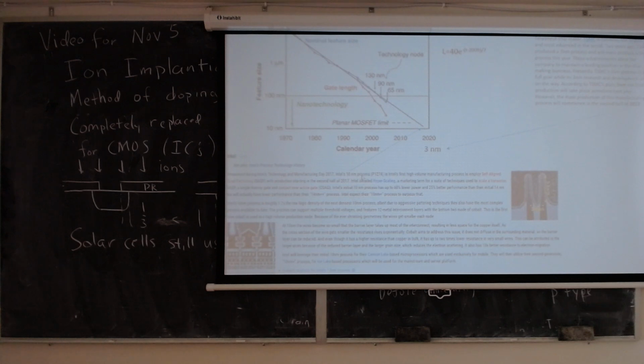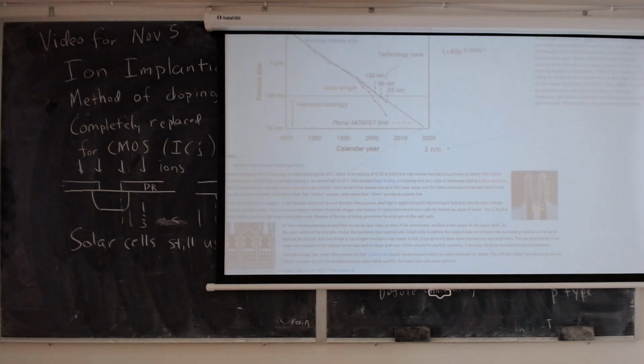So remember, a nanometer is 10 angstroms, so it's somewhere on the order of 20 atoms wide. And so this is showing that back in 1970, they could make features as small as 10 microns. And then sometime around 2005 or so, they reached 0.1 micron or 100 nanometers. And then around 2017, reached 10 nanometers.